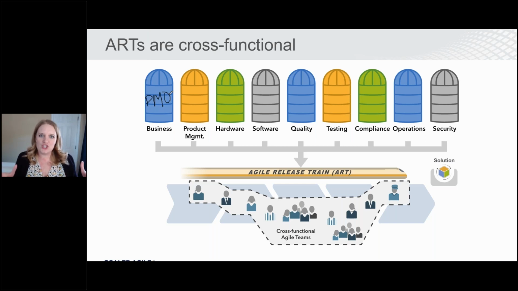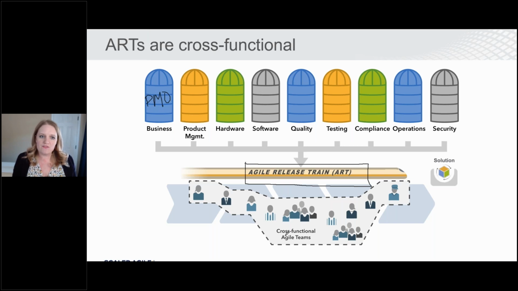And in order to achieve true team agility, we want to build long-lived teams. Long-lived teams that work together collaboratively on a daily basis, can grow together, can improve together, and deliver value. So we organize those agile teams onto an agile release train.